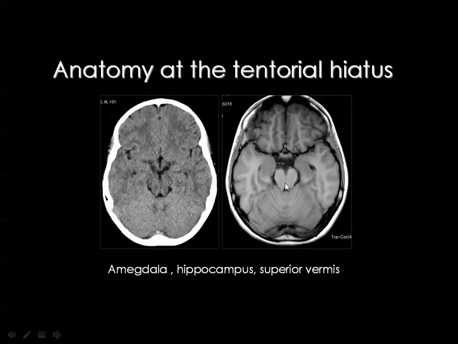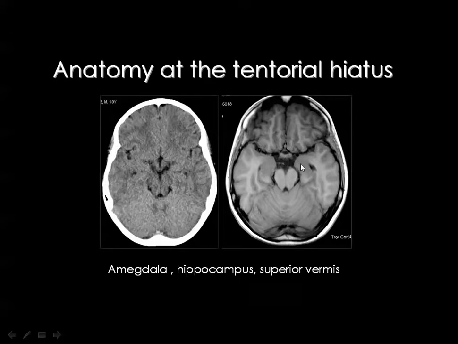Then, in this image, you will see this horn, which is the temporal horn of the lateral ventricle. You know that the lateral ventricle has three horns: the frontal horn, the occipital horn, and the temporal horn. Then the first horn you will see while you are coming from inferiorly is the temporal horn.